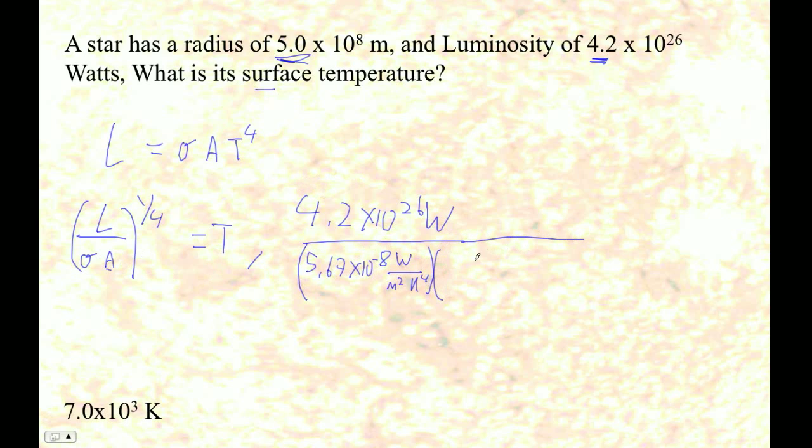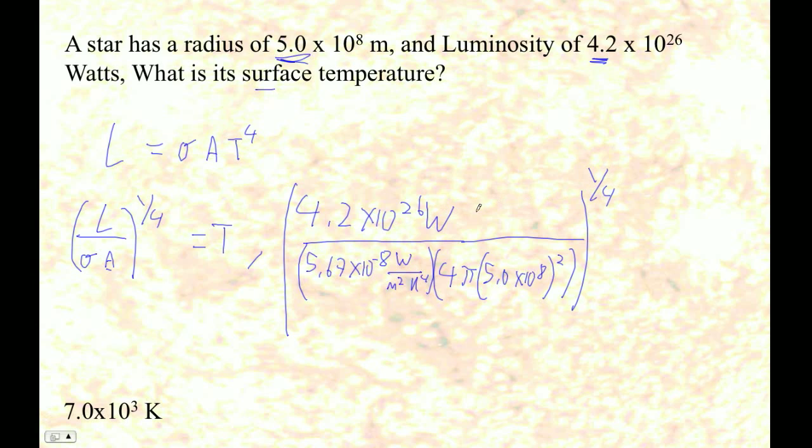Bigger denominator. 4 times pi times 5.0 times 10 to the 8th. I just love parentheses, they make everything so tidy. And then we've got to raise that to the 4th power.